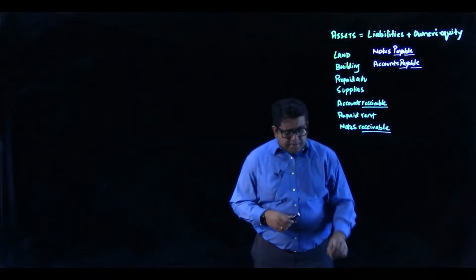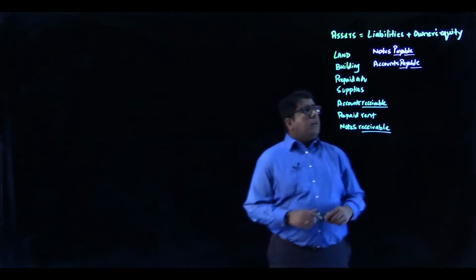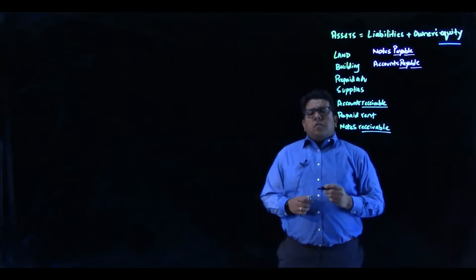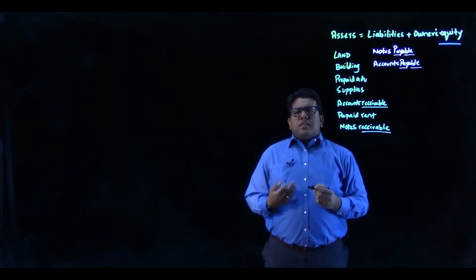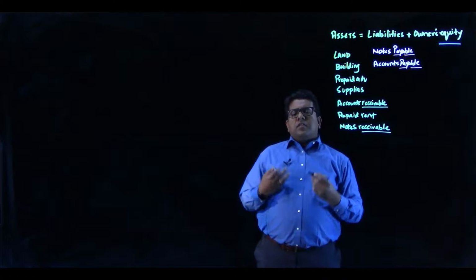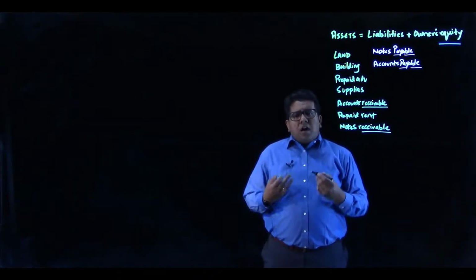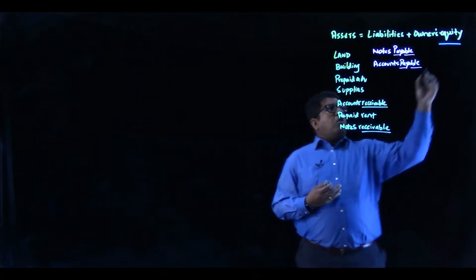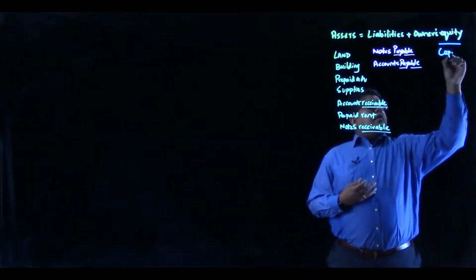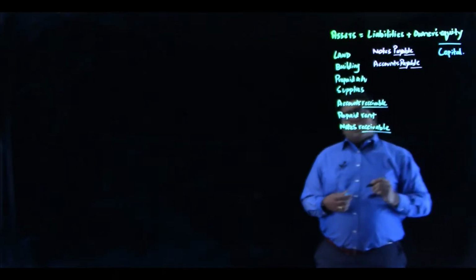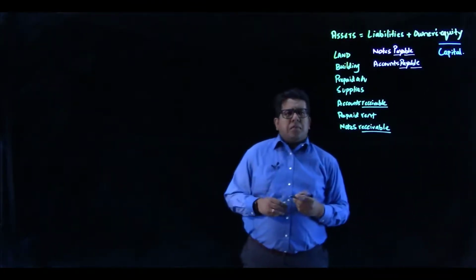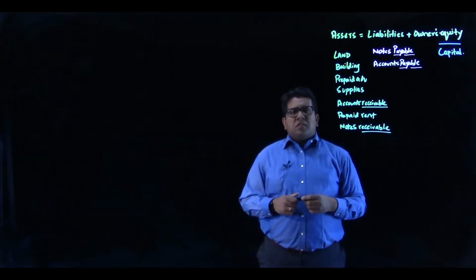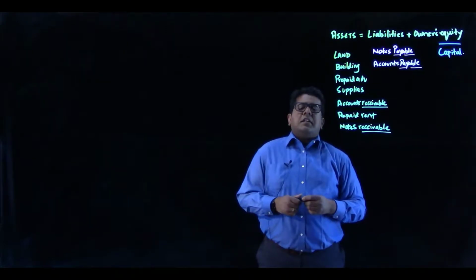On the other hand, your owner's equity, the third portion of this: what is equity? Equity is something that you have that contributes towards your capital. Equity is also your capital. An example that I would give is, you invested $90,000 in the business.